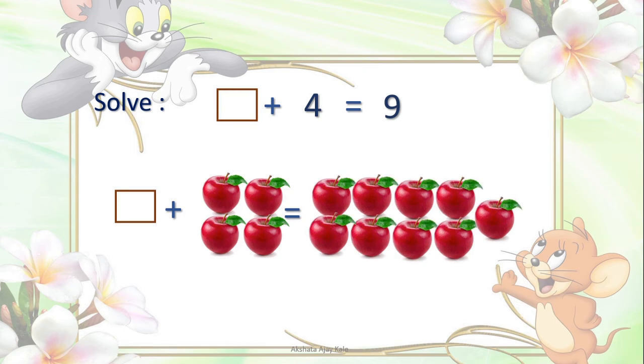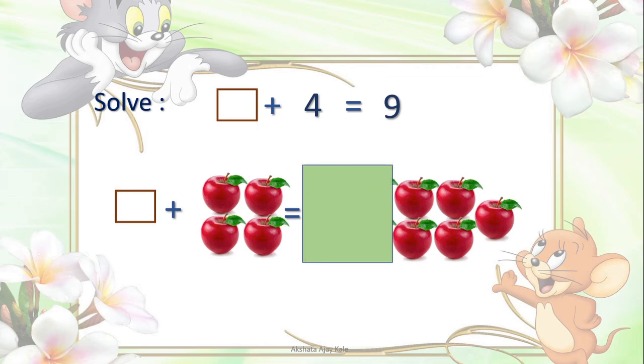Okay, same thing we will carry out. See here 4 we know because 4 is there in the second place. So we will cover 4 apples from the answer. Okay, how many remain? 1, 2, 3, 4, 5. 5 apples remain.